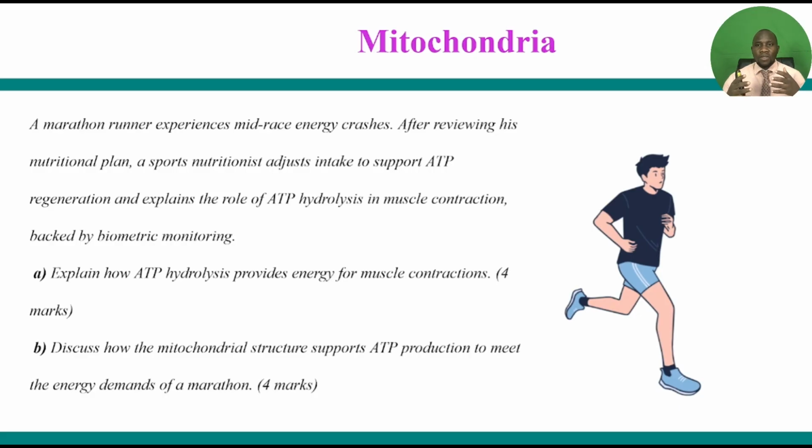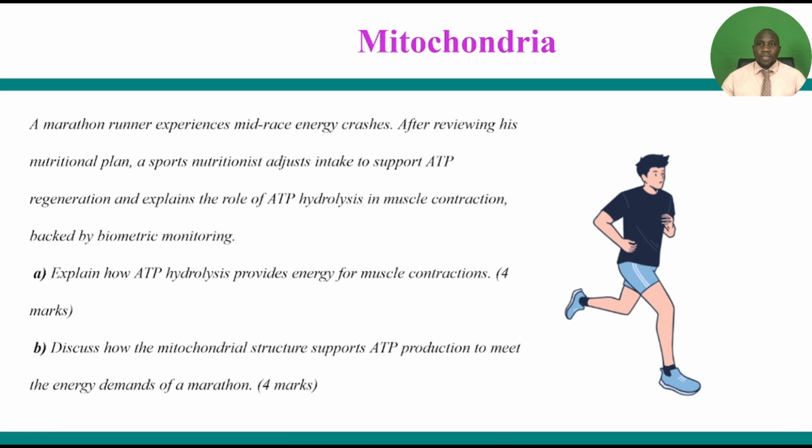If you adjust your nutritional intake, you can make sure that you have nutrients that will give you more energy, because not all foods give you the same level of energy. Energy is measured in calories.